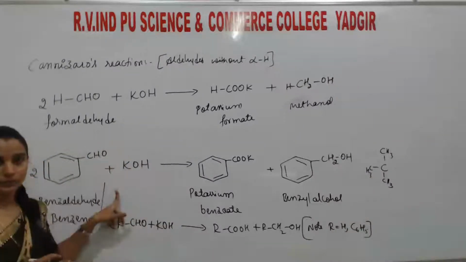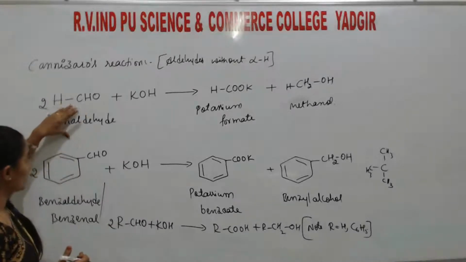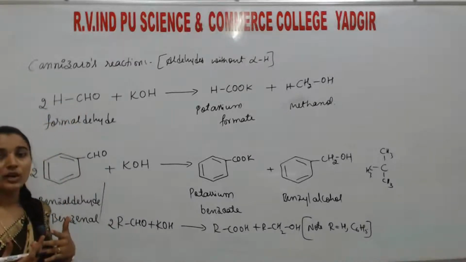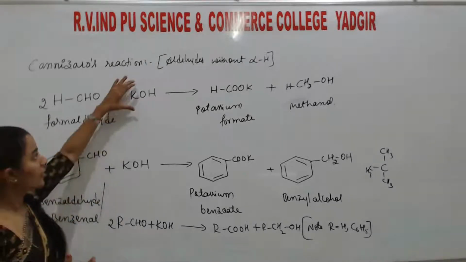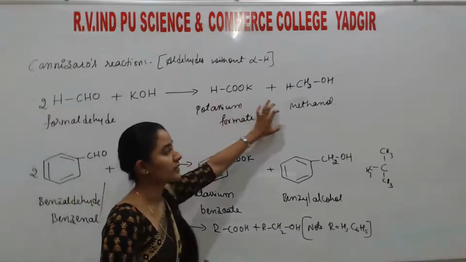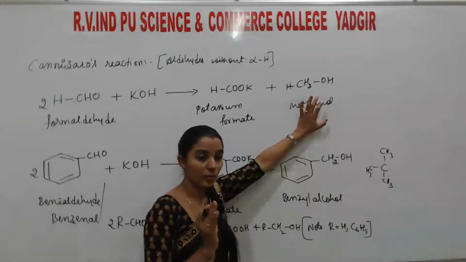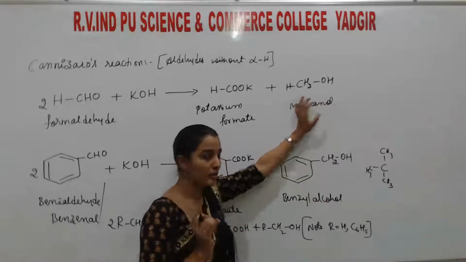This is for aromatic. Again, this is an explanation. When aldehydes, especially formaldehyde or an aldehyde which is not containing alpha hydrogen, react with KOH, they form potassium salts of carboxylic acid along with the alcohol. Not methanol; only if formaldehyde is there is it methanol.